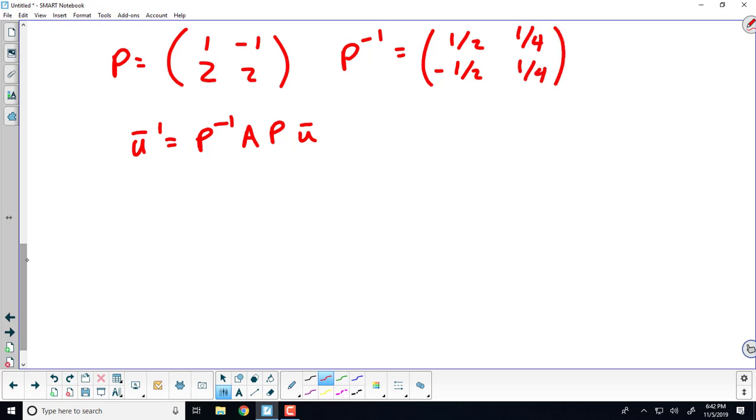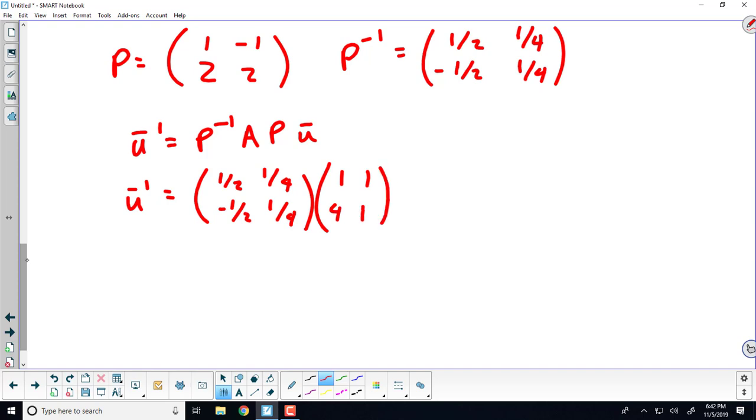Okay. So if we go ahead and compute this product, we've got 1/2, 1/4, minus 1/2, 1/4, times our A, which was 1, 1, 4, 1, times our P, which is 1, minus 1, 2, 2, times our U1, U2. Remember, let's not get lost in the forest here.